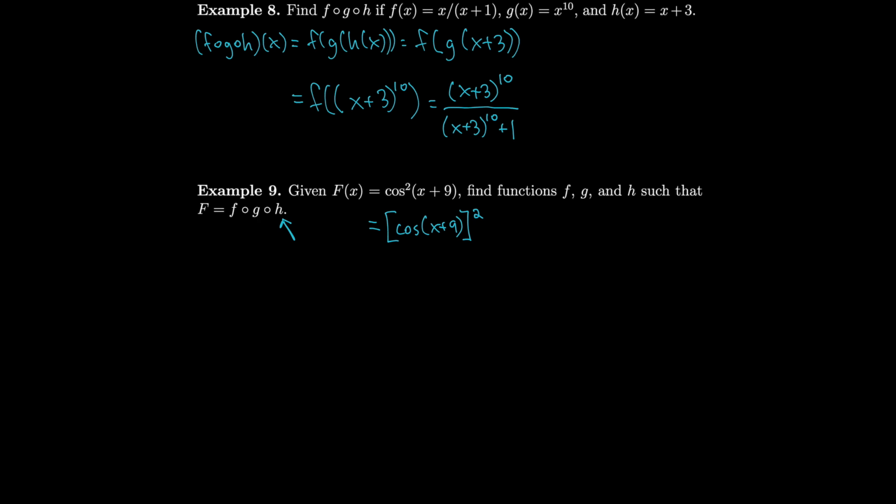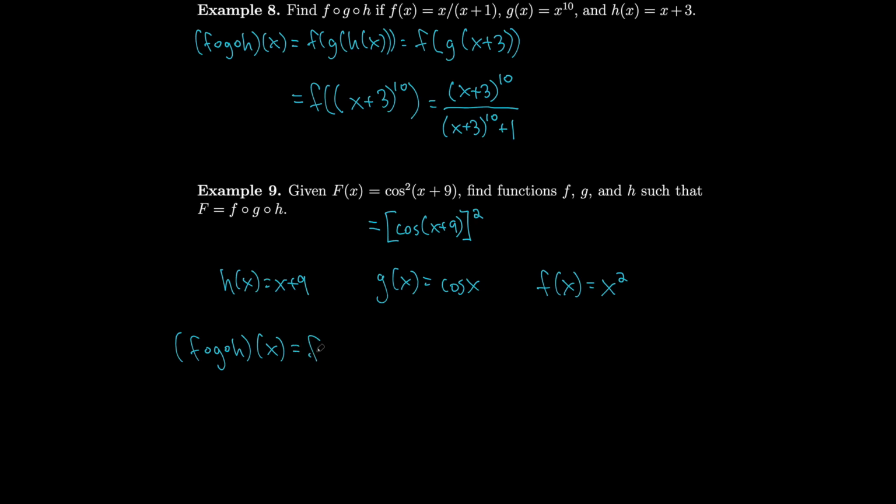So we're going to start with h of x equals x plus 9. Then we'll take the cosine of it, and then we'll square it. So let's test it, make sure it works. So f composed with g composed with h, that's f of g of h of x.